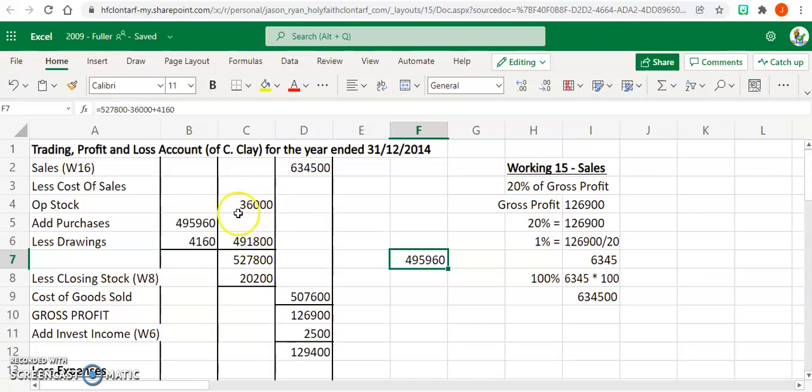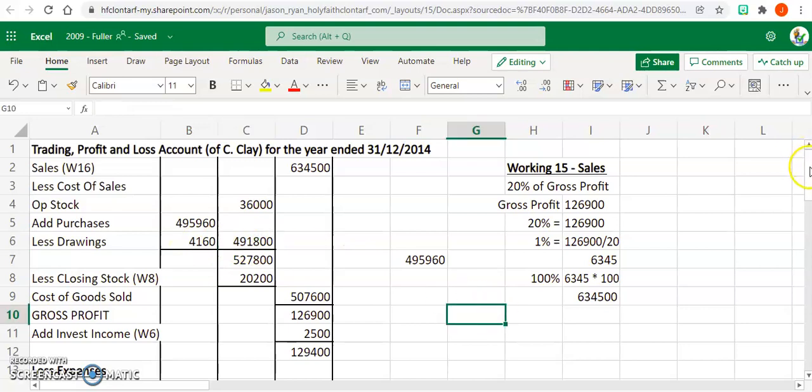That's why we're taking away our opening stock and adding on our drawings to help us get this figure. So 527,800 minus our 36,000 plus 4,160 will give us our purchase figure. And then if you take the 4,160 away from the 495,960, it'll give you this figure here.